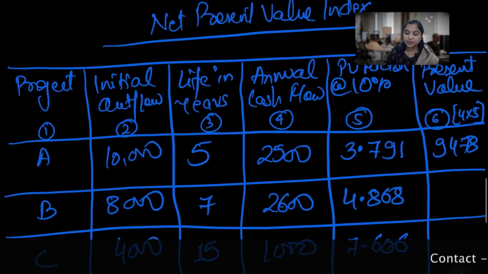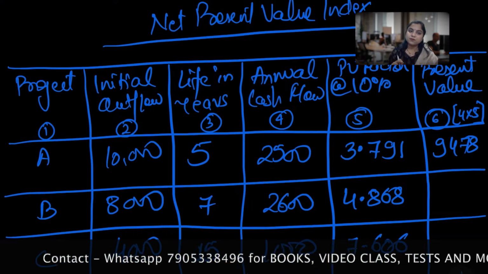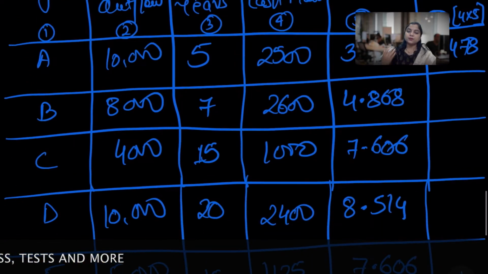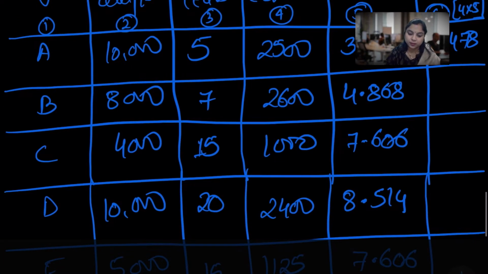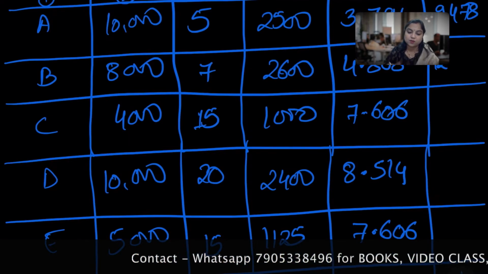Again, I want to request you, currently I am sharing with you the PV factor, otherwise the examiner will give you, or I will teach you in a separate session how to refer to your annuity table. Okay, so kindly multiply all the columns 4 into 5 in case of all the projects.